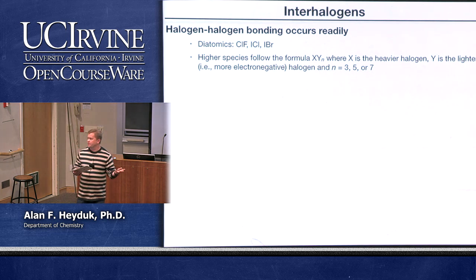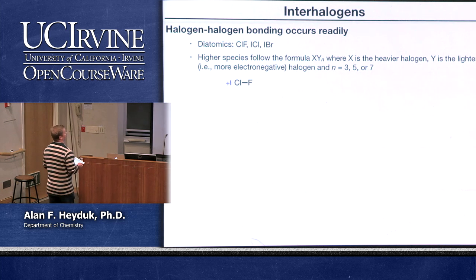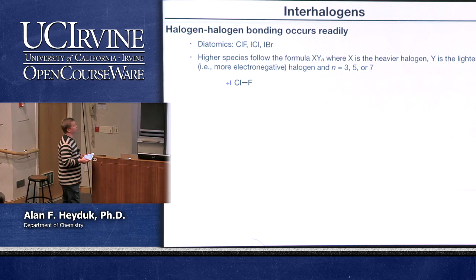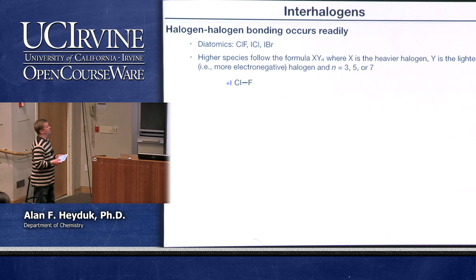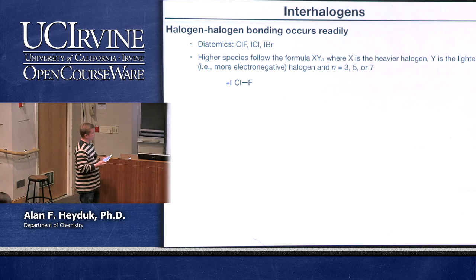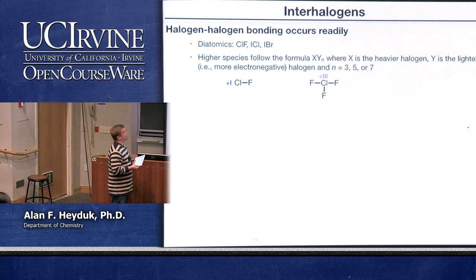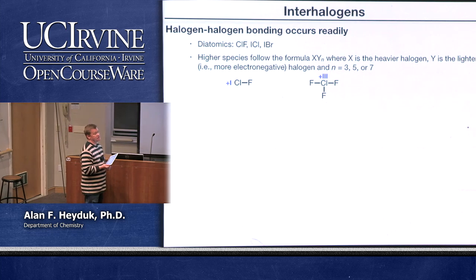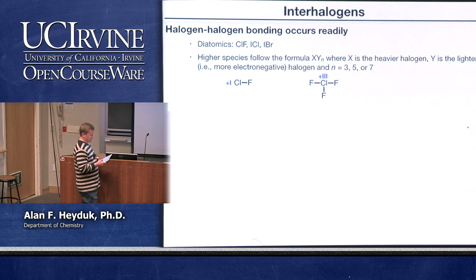Y, electronegativity, and oxidizing power. So if we take chlorine and bond it with fluorine, we can make chlorine in the +1 oxidation state. We can take chlorine, make it in the +3 oxidation state by adding 3 fluorides to it.